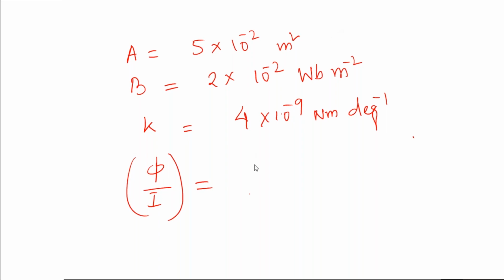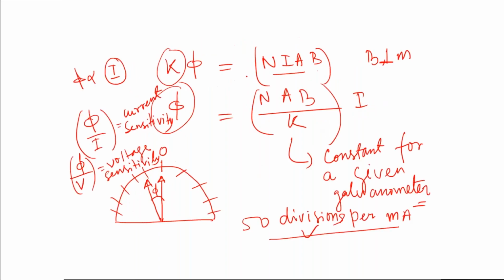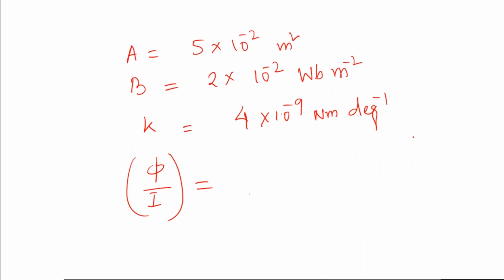Okay, I can help you just by showing the previous slide. Maybe then you can get some idea. Look from here. So look, this phi by I is the current sensitivity. This will be actually equal to N A B by K. Okay.